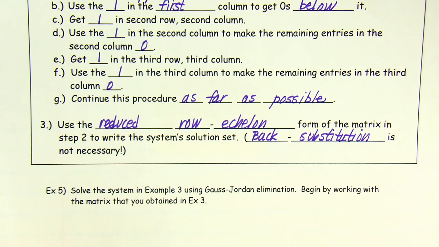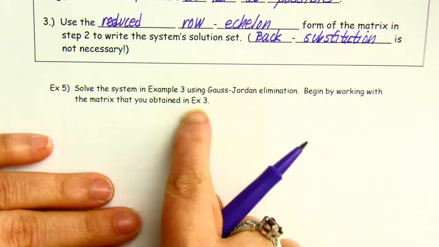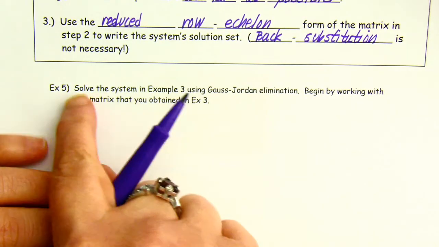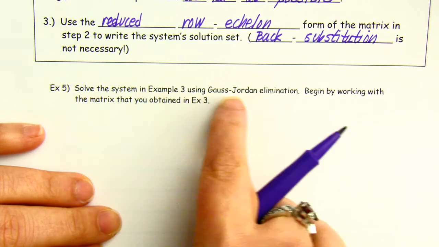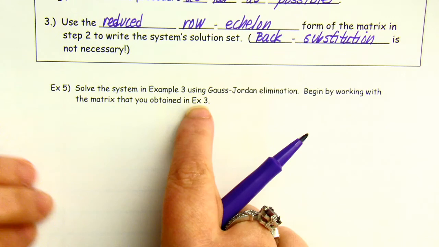All right, so we are going to pick up with the row echelon form in example 3. It says, solve the system in example 3 using Gauss-Jordan elimination. Begin by working with the matrix that you obtained in example 3.